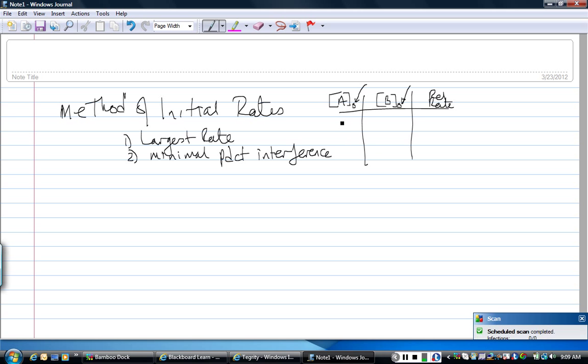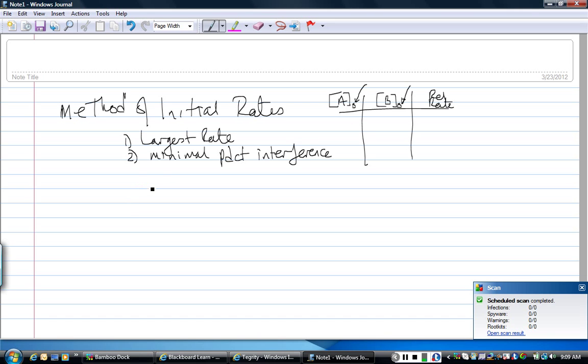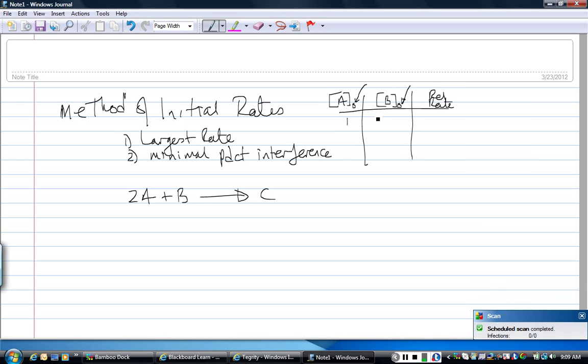We also said that, for example, if I had 2A plus B, the example we had last time, giving rise to C, and I had 1, 1, 1, let's say I had 2, 1, 2, and I didn't record the one we had in class, but let's say it was then 1, 2, 2.